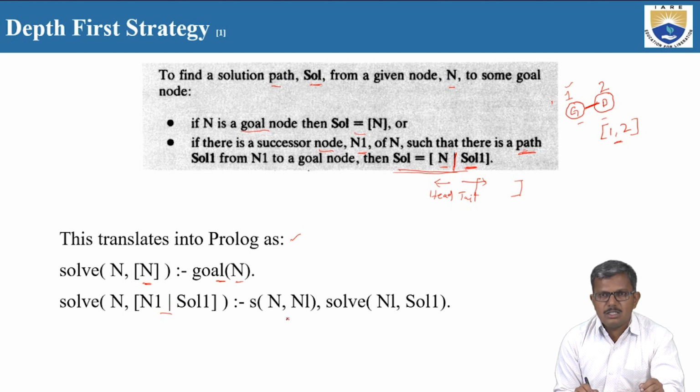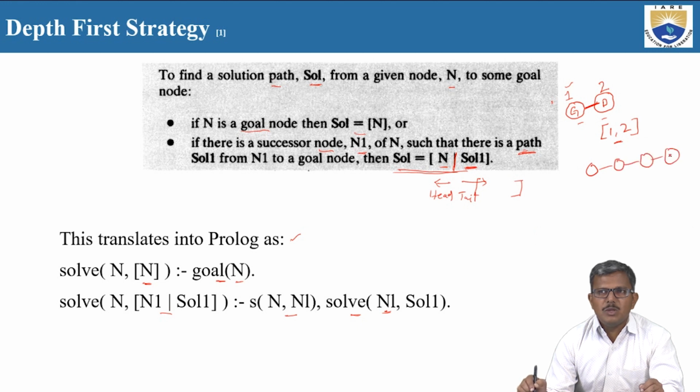What is that? Here in this case we are saying it as n comma n1, s of n comma n1. So what we are trying to do is the solving of this one. What is n1 here? n1 is the successor node. See, every time we cannot say that the very next successor node will be the desired node. So in that case, what happens? We need to move like this. Maybe this may be our desired node.